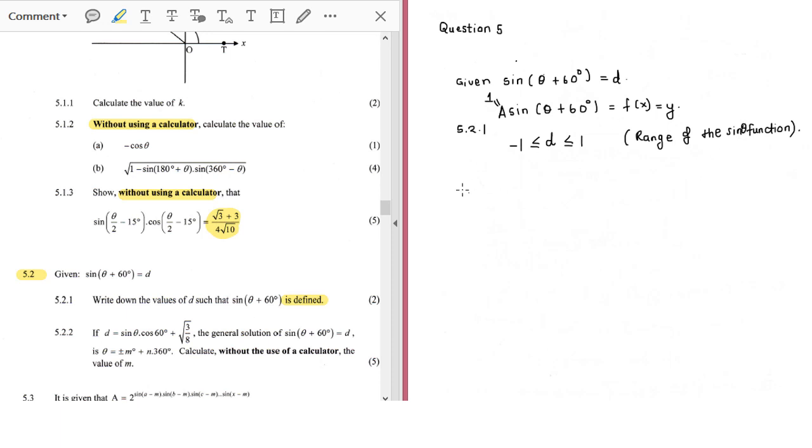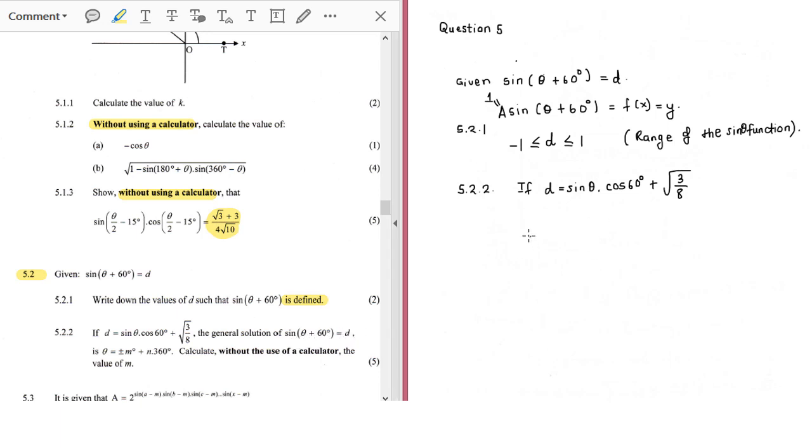Okay. Right. Question 5.2.2 says, if d is equal to the sine of theta times the cosine of 60 degrees plus the square root of 3 over 8, and the general solution of sine of theta plus 60 degrees equals d.